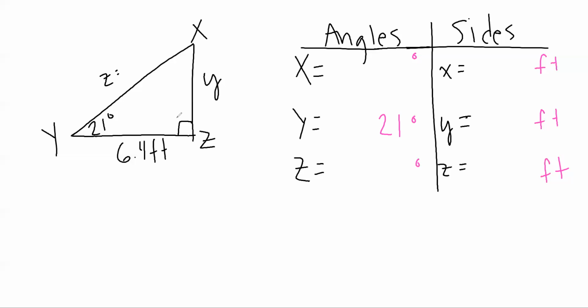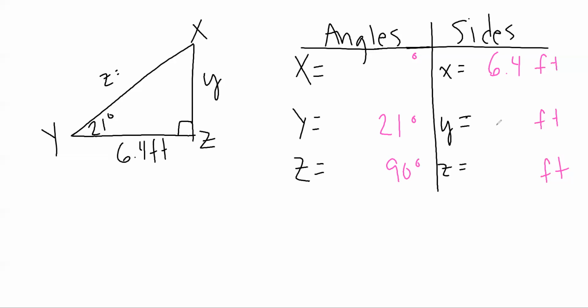And I know that angle Z is what? Angle Z is 90 degrees. And I also know that side X is 6.4 feet. So now I have to find these three pieces of information: this angle and these two sides.